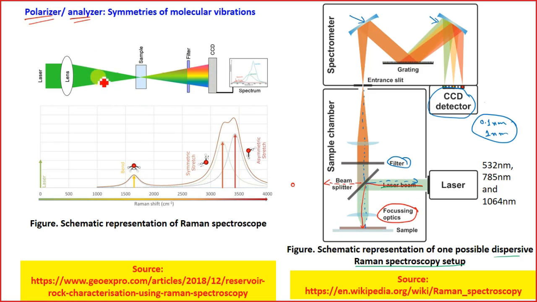Another important thing which I forgot to mention is the polarizer and analyzer. In some cases you may have a polarizer over here, just before the filter, and an analyzer. This is your polarizing sheet, and this is another polarizing sheet.